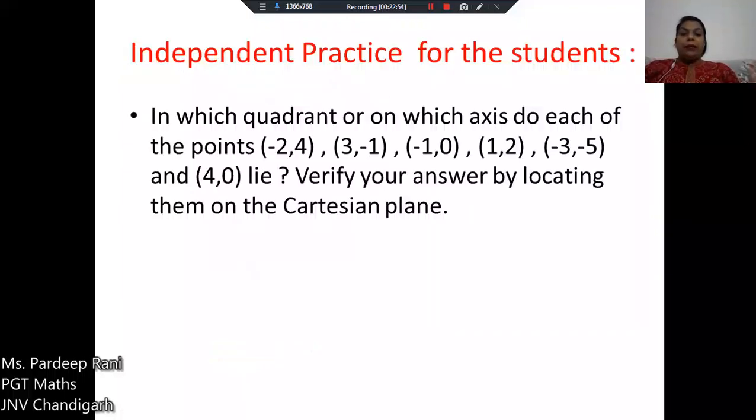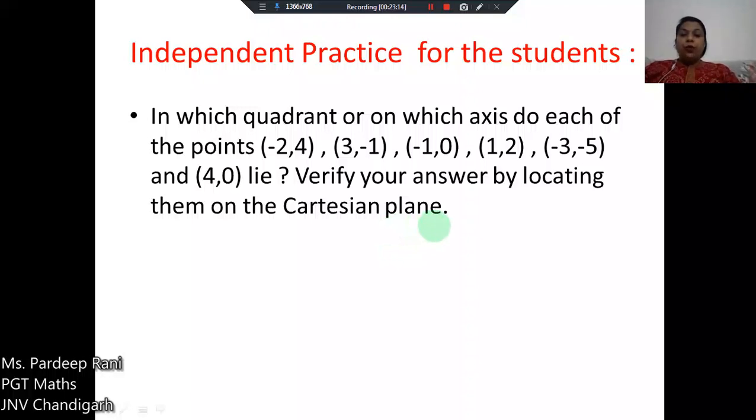Now there is a practice for you. You will have to solve this question: in which quadrant or on which axis does each of these points lie, and verify your answer by locating them on the Cartesian plane.